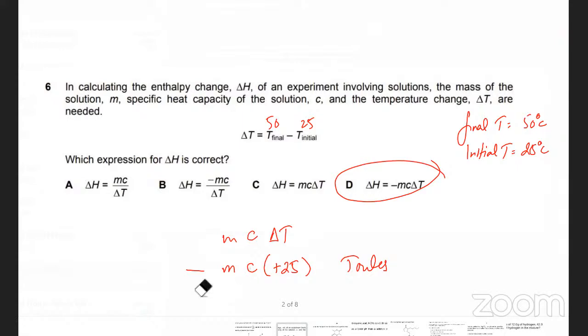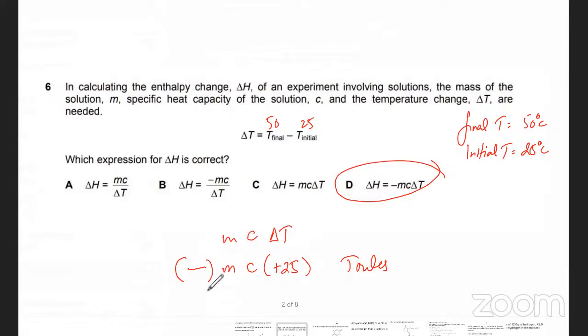My sign, if I took MC delta T, was coming out positive, when in fact it's an exothermic reaction based on the data given to me. So I need to put a negative sign over here. Is that point clear that if I take this data, I need to put a negative sign over here? Is that point clear?